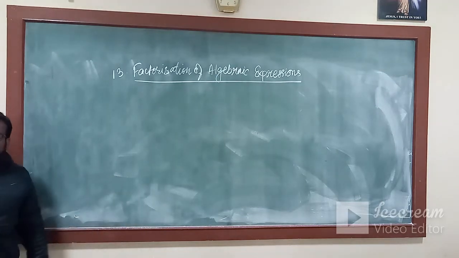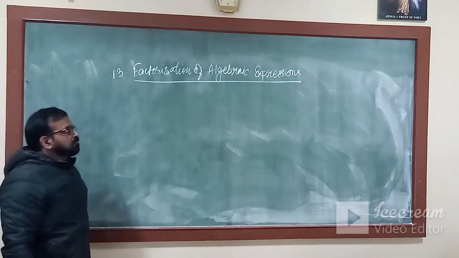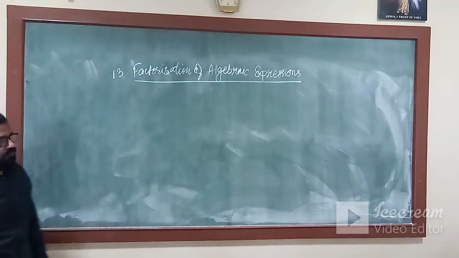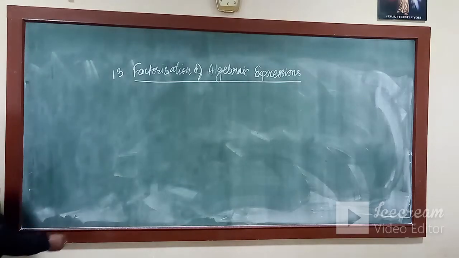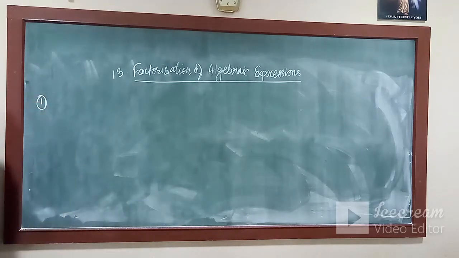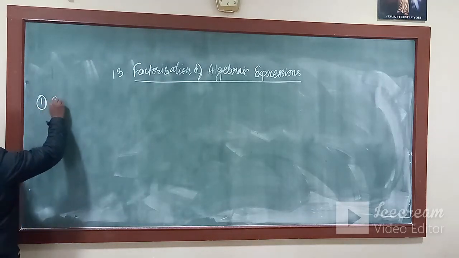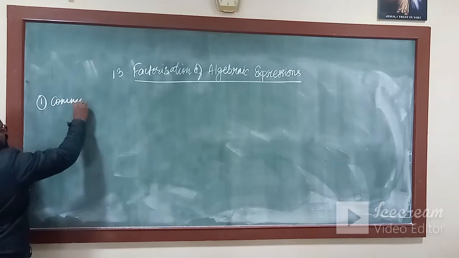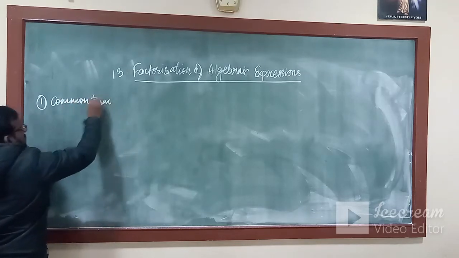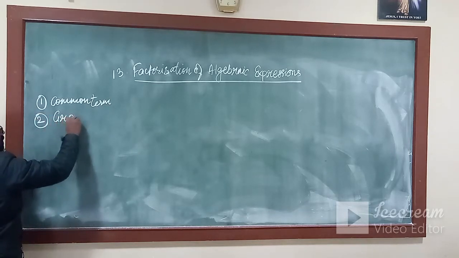So today we will start with a new chapter, factorization of algebraic expressions. First of all, we will see how to do the factorization. There are three methods. First is the common term method. Second is the grouping method.